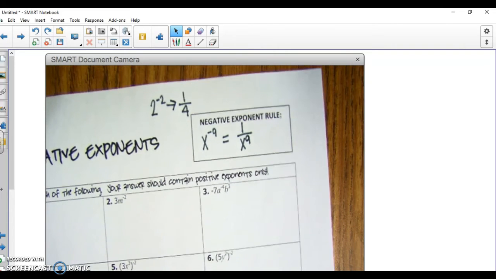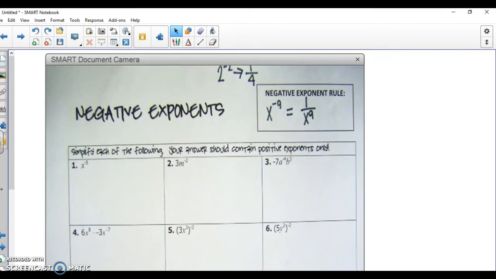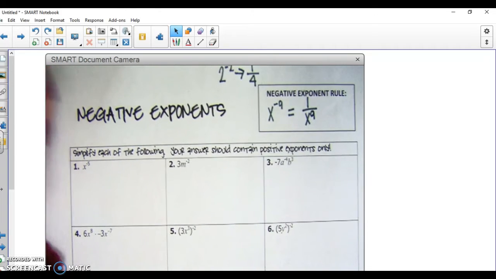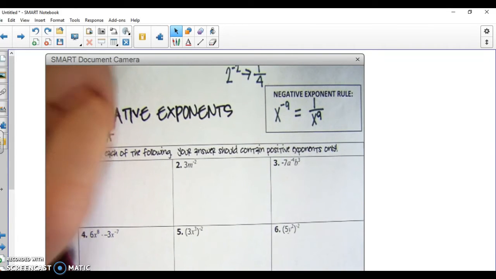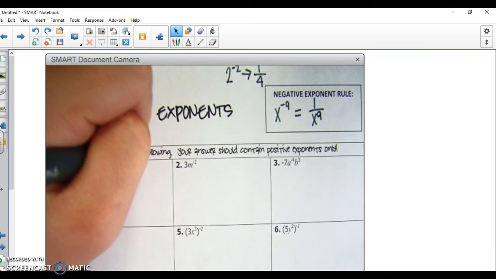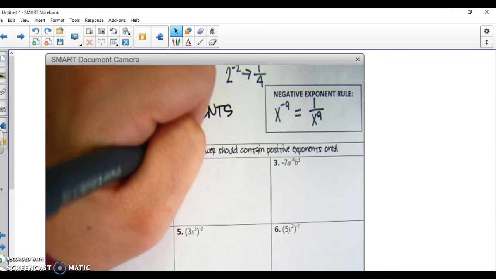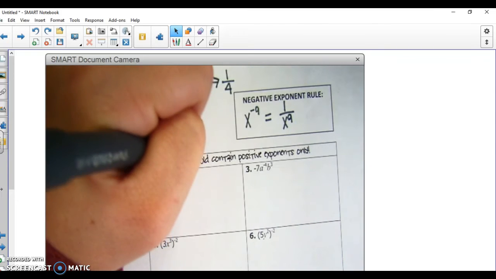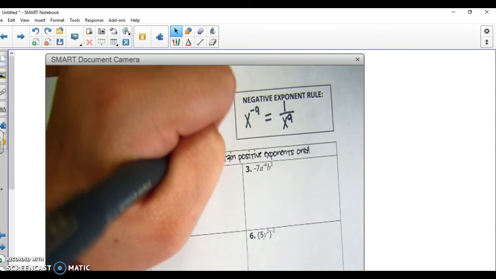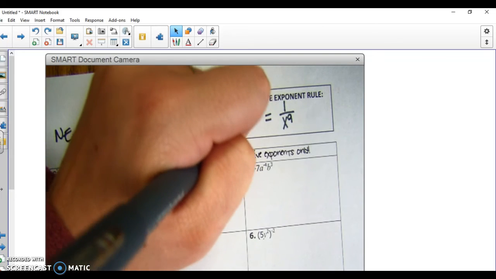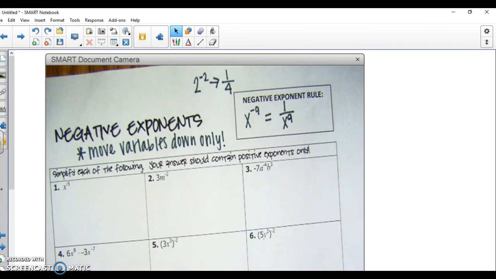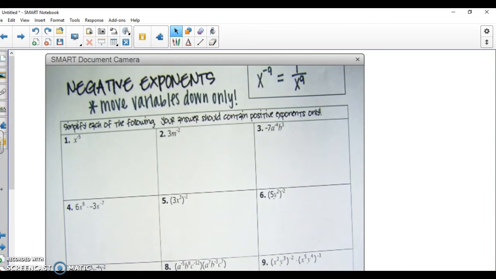So, when we are moving our exponents, we are only going to move variables to the bottom. So, move variables down only. If we have a number, that number is going to stay on the top.